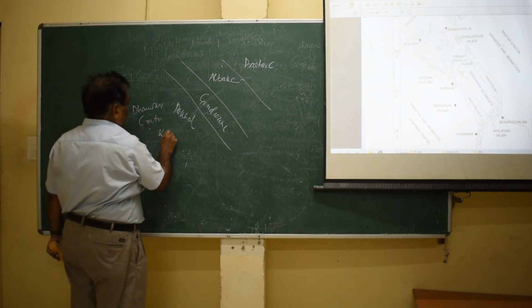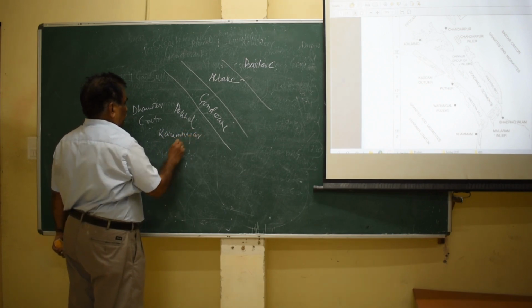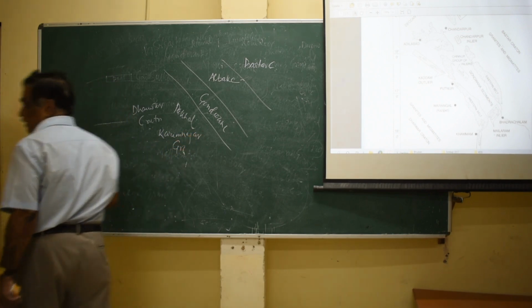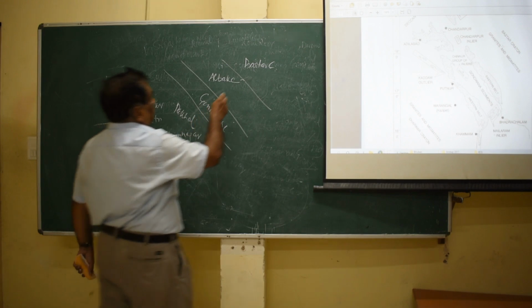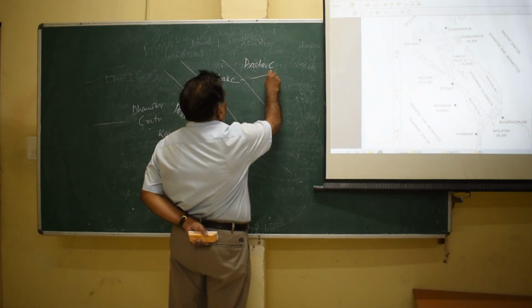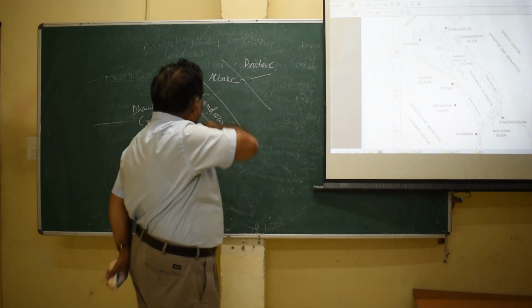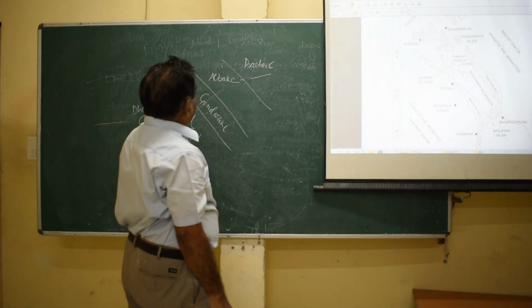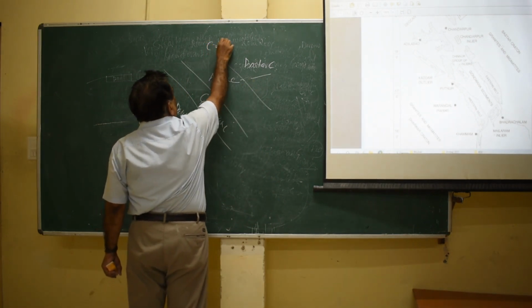Here Karimnagar granulite. This side is your Bastar granulites. So the granulites are the Archean cratonic part.